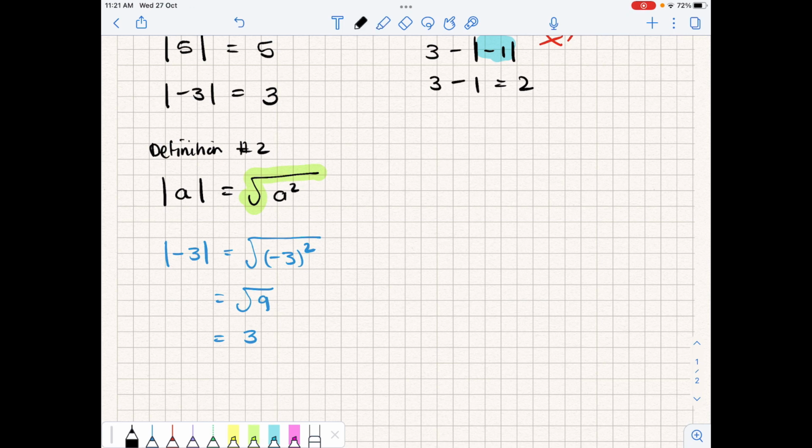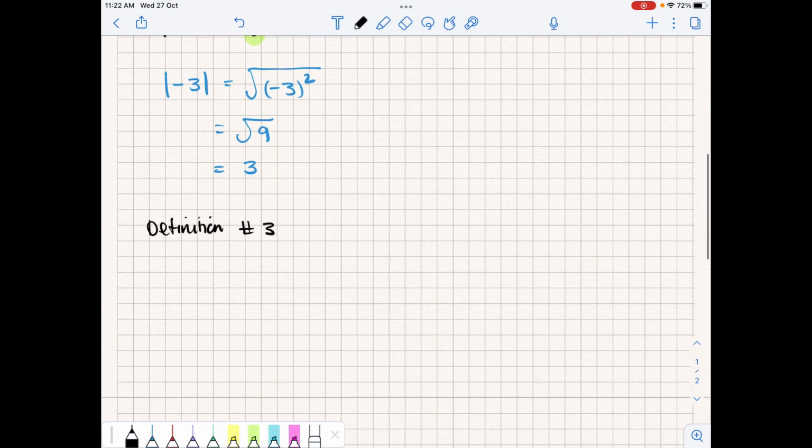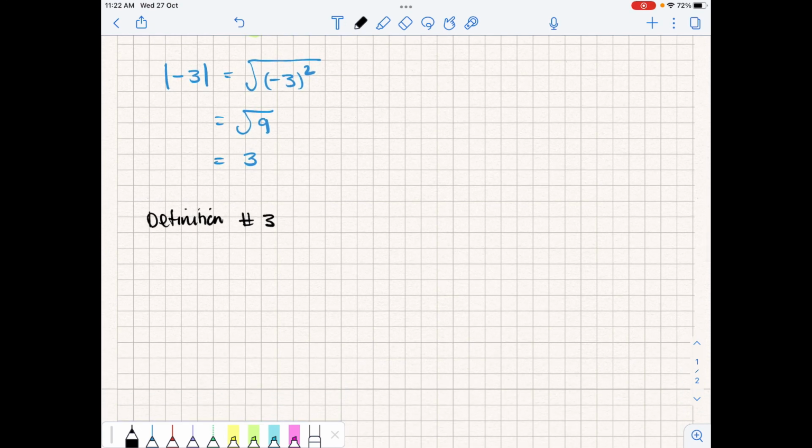Right, let's take the final definition. So this will be definition number 3. Okay, and definition number 3 says the modulus of, let's take x, right, is equal to, and now we're going to open up a parentheses, right, and create a piecemeal function.